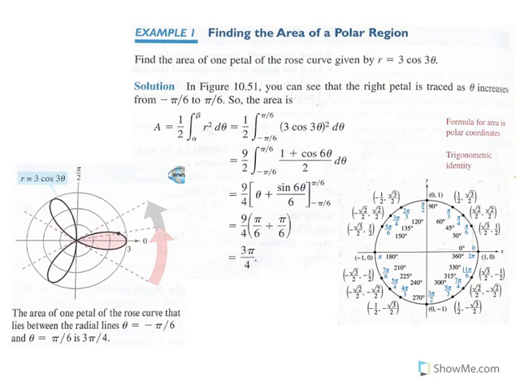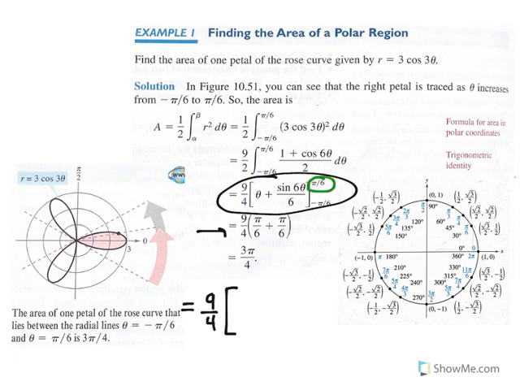So what do we have? Well, we will have the next line, but I'll show you the intermediate steps that are not shown here. So we're going to substitute pi over 6 in place of theta. So we have pi over 6 plus sine of 6 times theta.